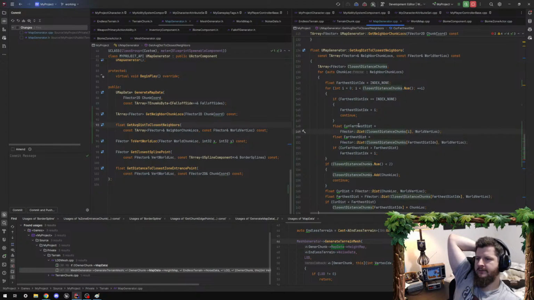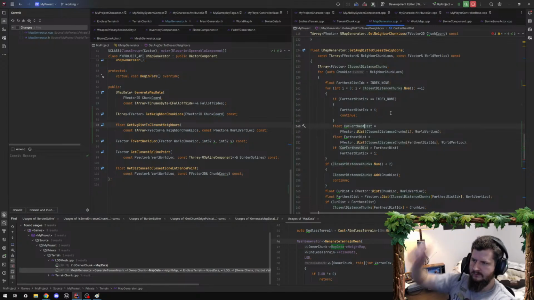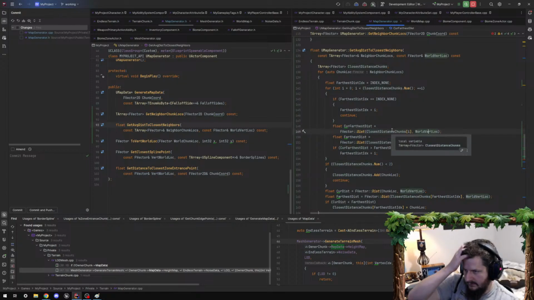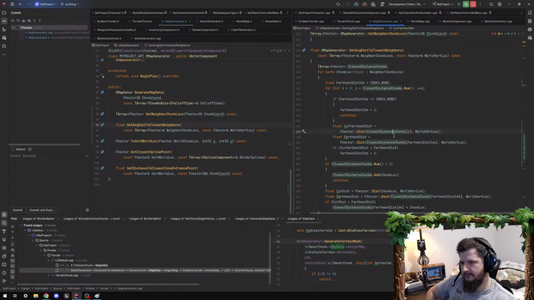Okay, so the current, let's just say current distance. No, current farthest dist. Distance between the world vert location.